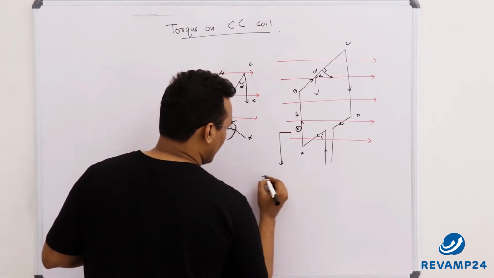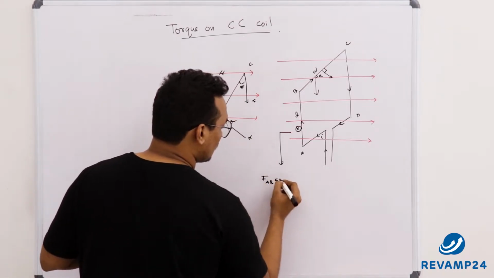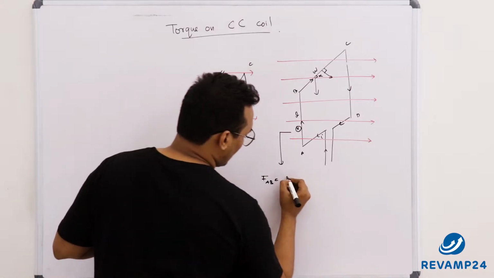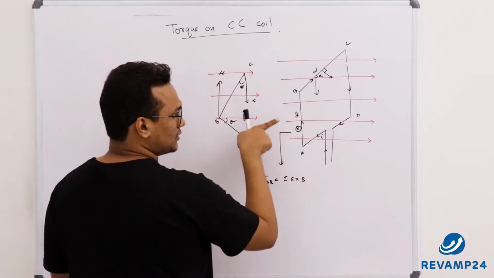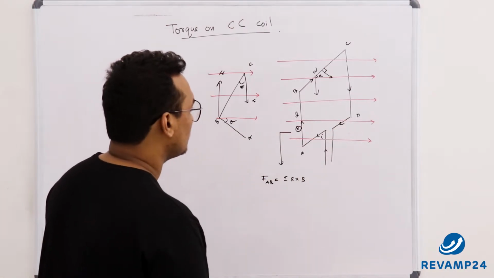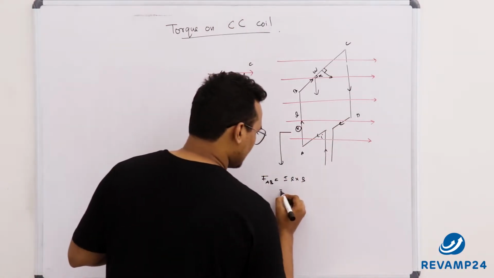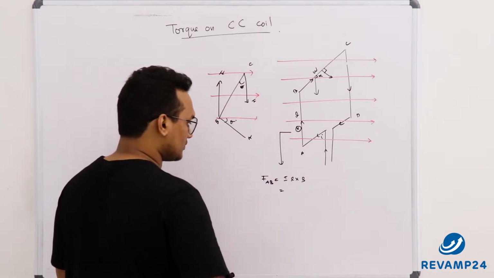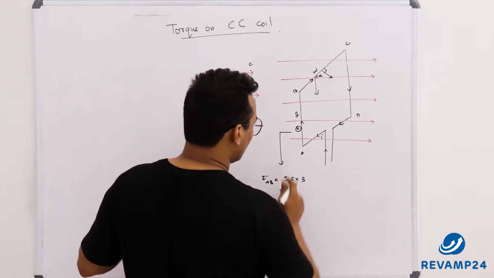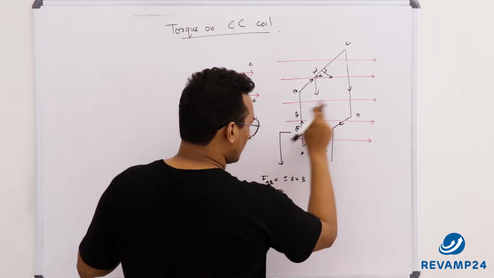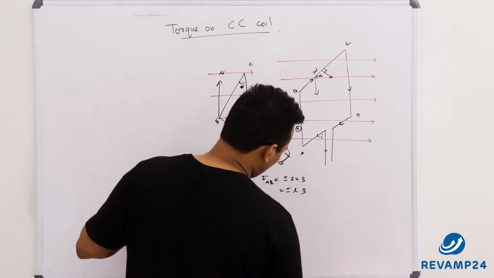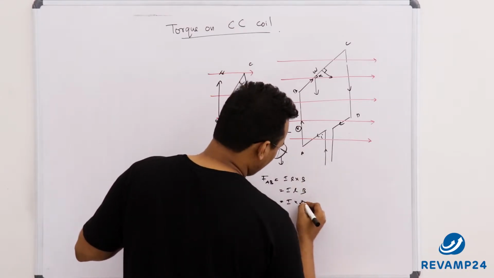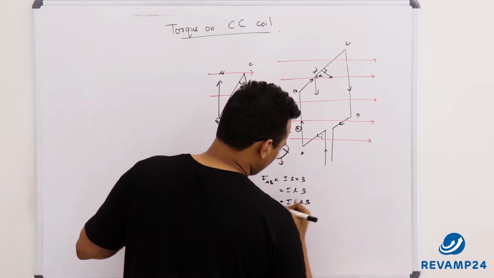So F AB, on AB the force is equal to IL cross B. But length is perpendicular to this direction, so it will be ILB sin theta, ILB sin 90. As the length is perpendicular to magnetic field, I can rewrite it as I into L into B itself.